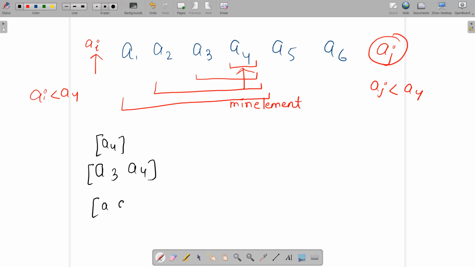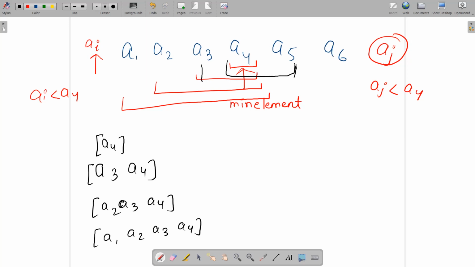As I have said, we are going to take A4, similarly A3 to A4, similarly A2, A3 and A4, similarly A1, A2, A3 and A4. Okay, these all subarrays include A4. Now you can easily understand there are more subarrays that are going to include A4. What about the right positions where the subarray ends?